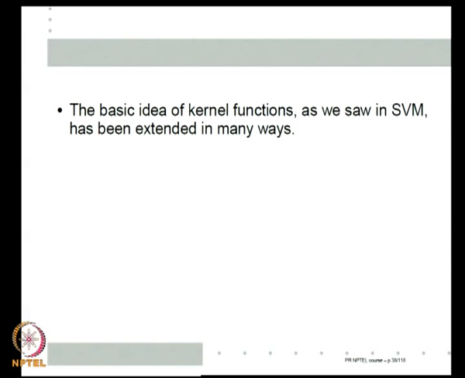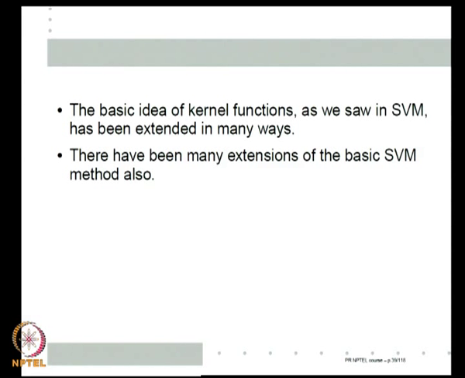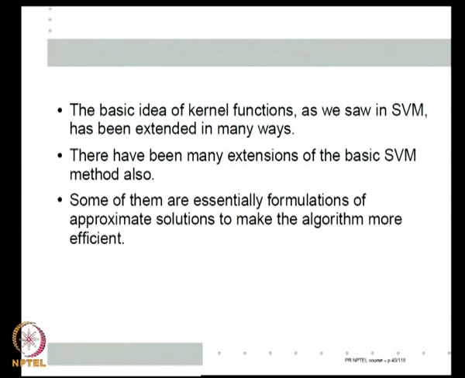The basic idea in support vector machines, as we have seen, is the kernel function, that is what makes the method competitive. The idea of kernel functions can be extended in many ways. So, basically what do the extensions mean? Basically I can reformulate the SVM problem.